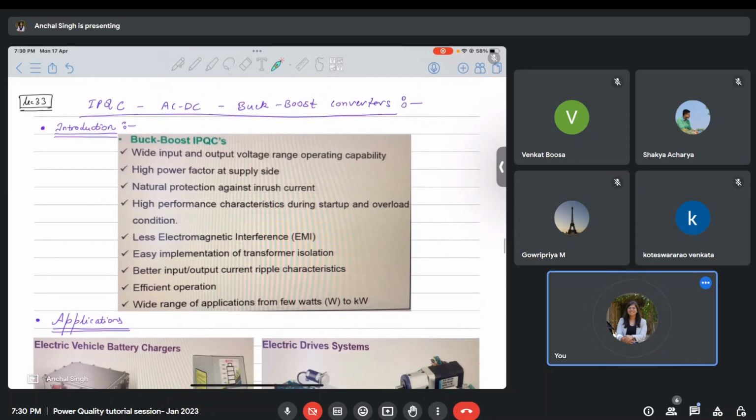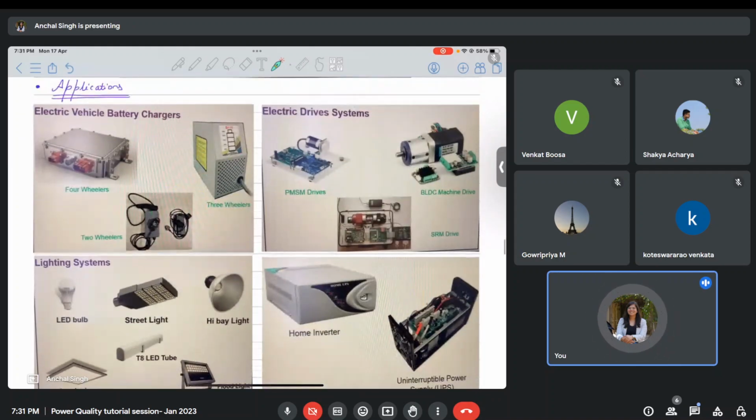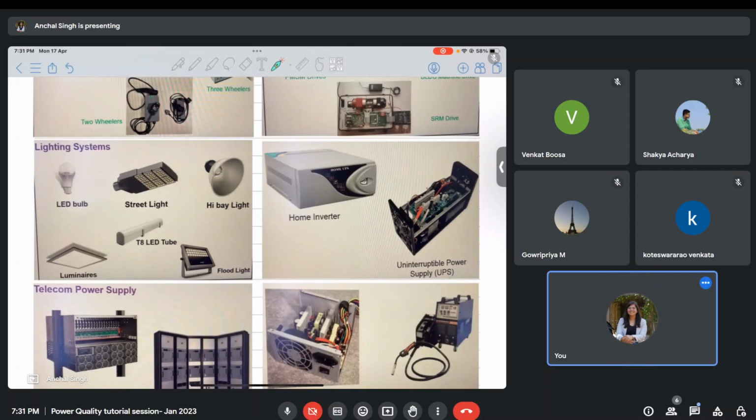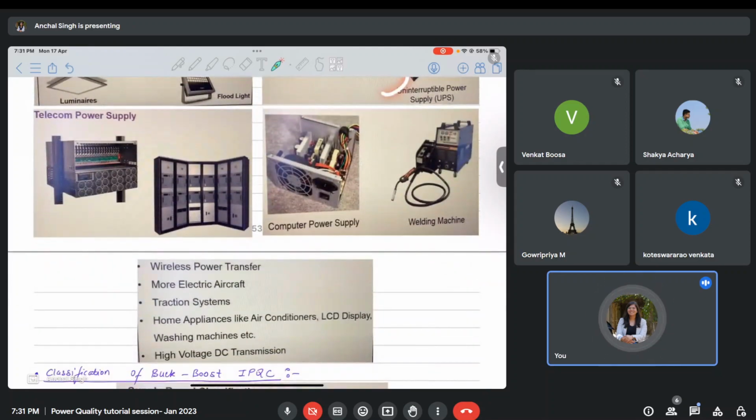Again, we discussed the boost converter at first, then we discussed buck converters, and then we are discussing the buck boost converters. So this is for the buck boost converters. Again, the applications of buck boost converters are electric vehicle battery chargers, electric drive systems, then our LED bulb, street light, LED tube, luminaries, floodlight, home inverters, uninterruptible power supplies, then telecom power supply, computer power supply, welding machine, all these are buck boost converters.